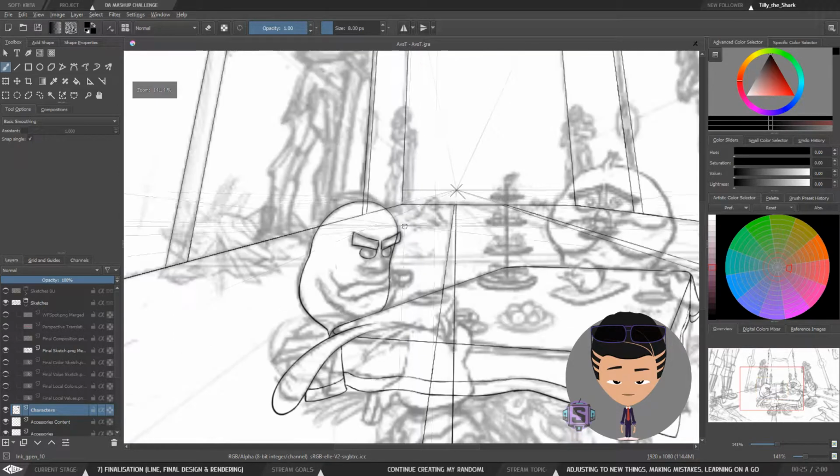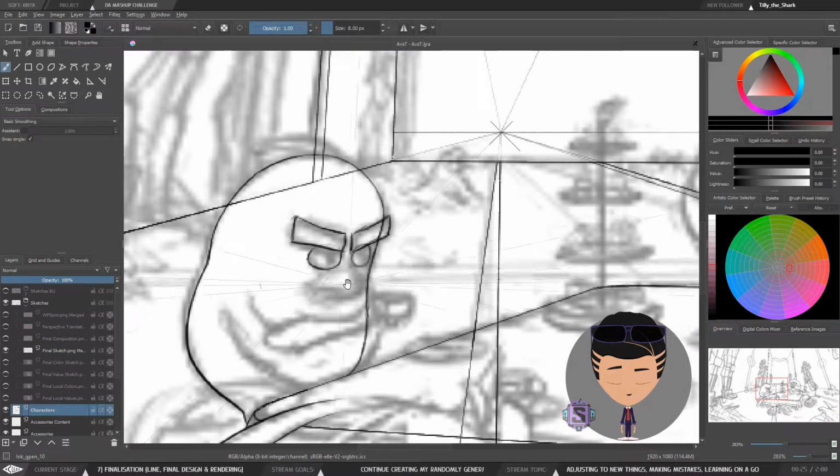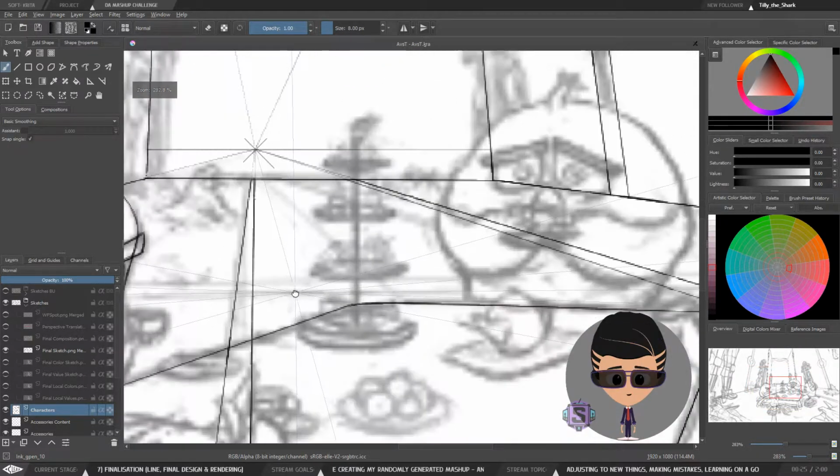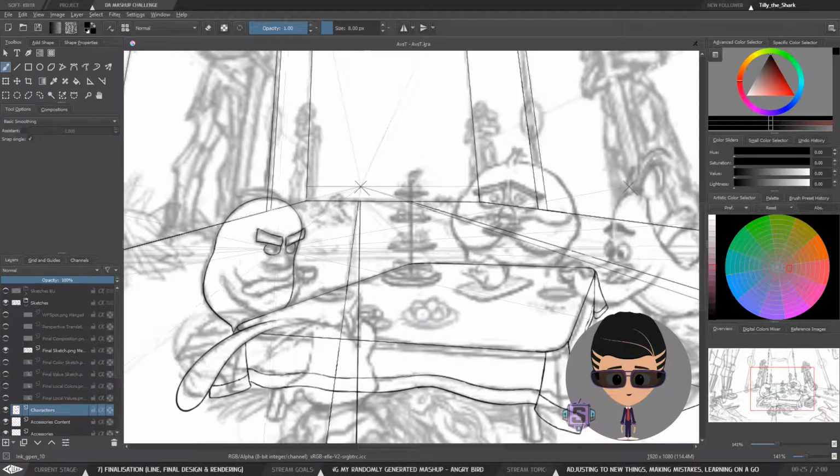This thing will work for the silhouette. Let's try to figure out where he's going to look.